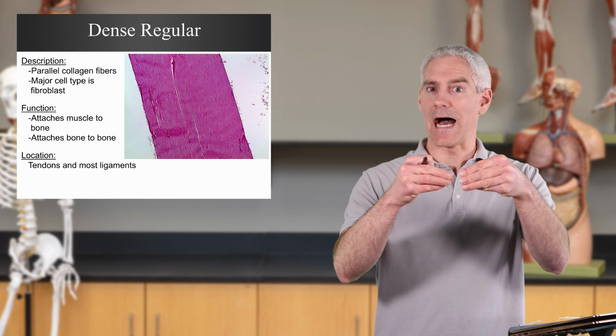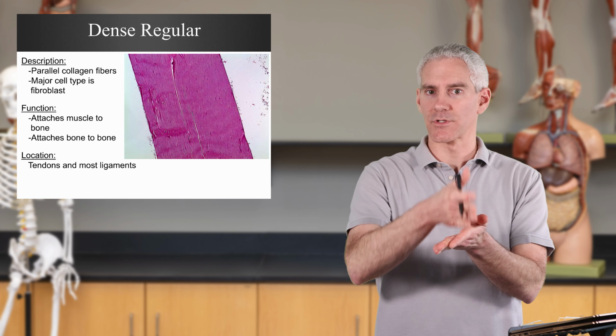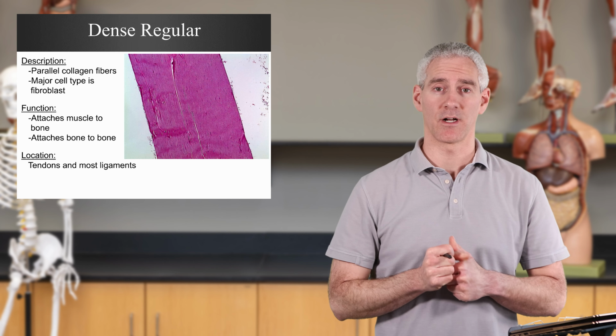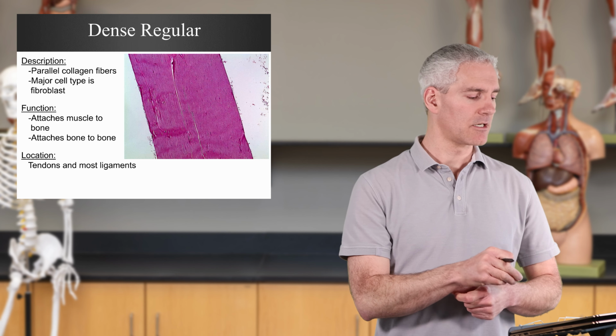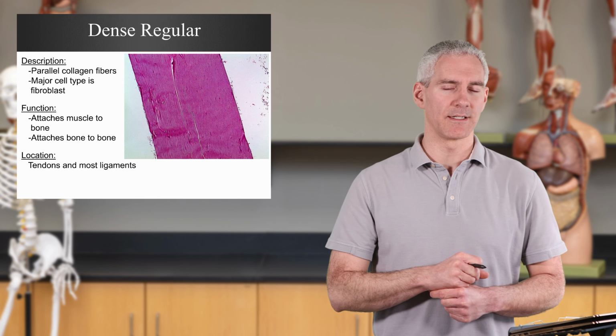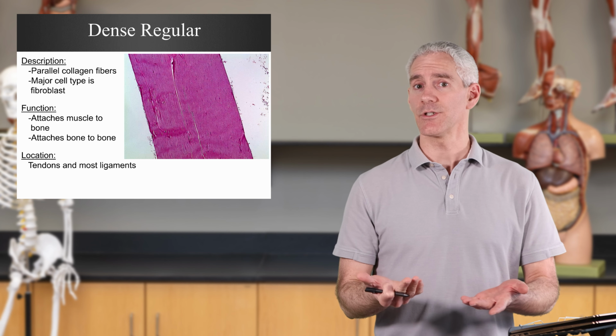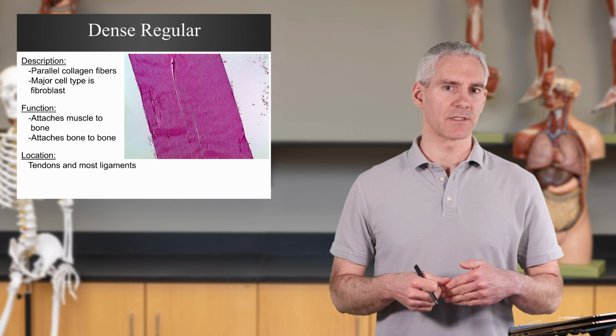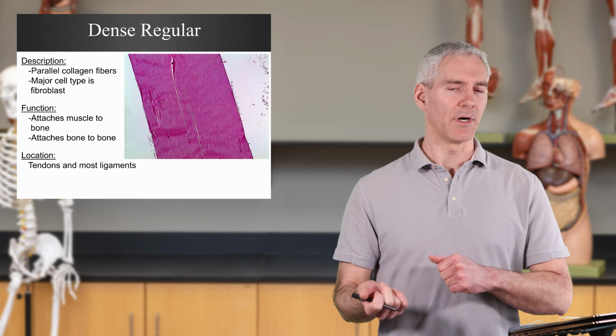But if you go in the opposite direction, let's say all the fibers are running up and down, if you pull sideways, there's not much strength at all. So this is going to be your dense regular connective tissue. Location: tendons and ligaments. Tendons, bone to muscle. Ligaments, bone to bone.